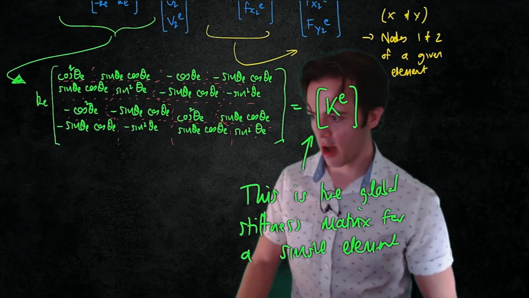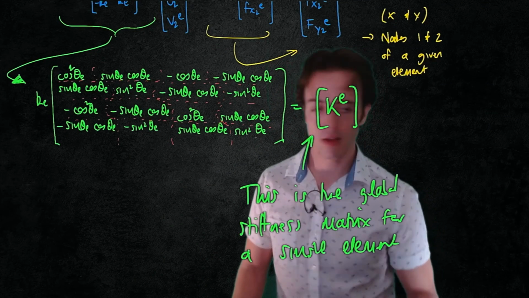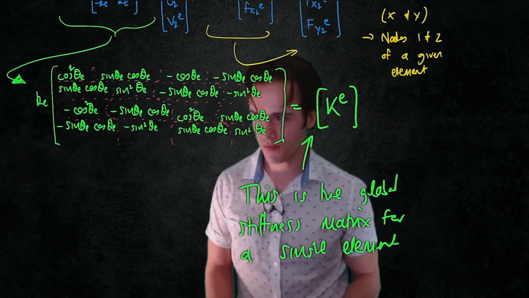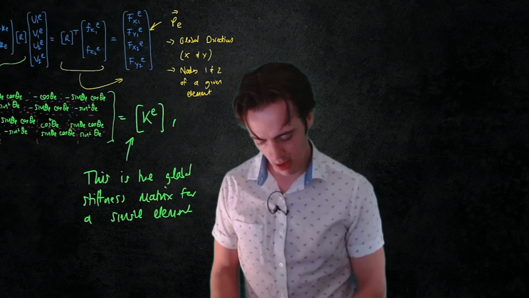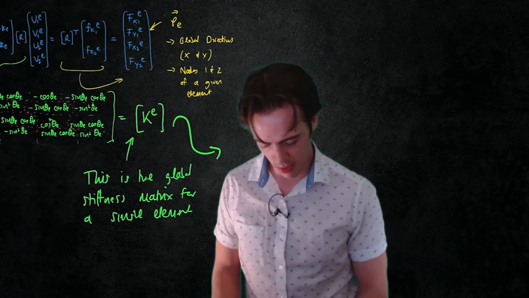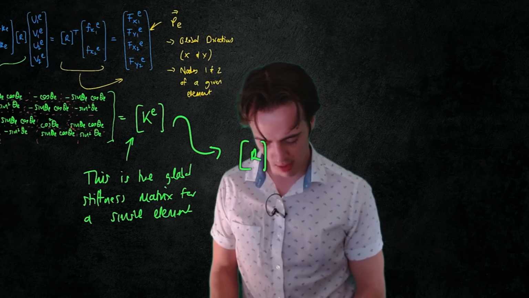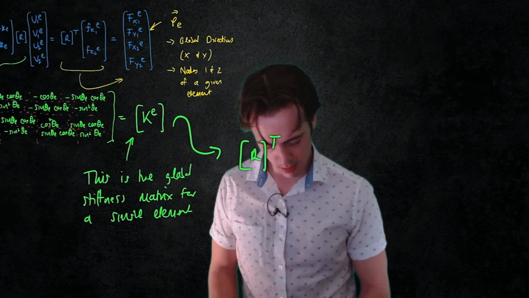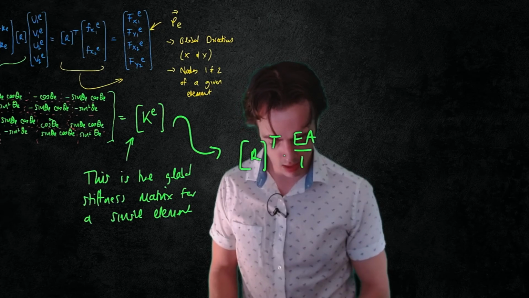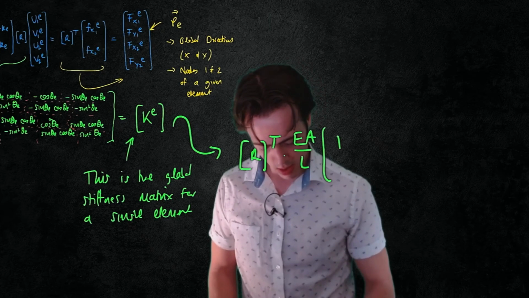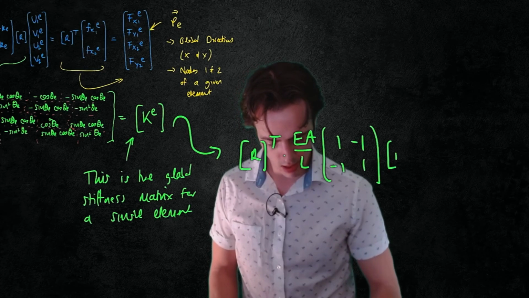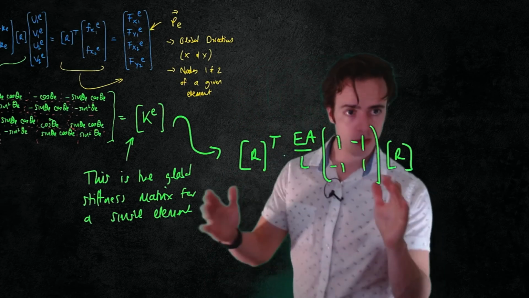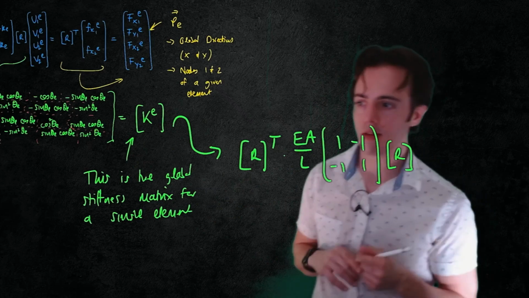It's written nicely in the accompanying notes. If you want to remind yourselves of how we produce this, it is just R transpose multiplied by EA on L, [1, -1; -1, 1], multiplied by R. So if we do that, we end up with the global stiffness matrix.